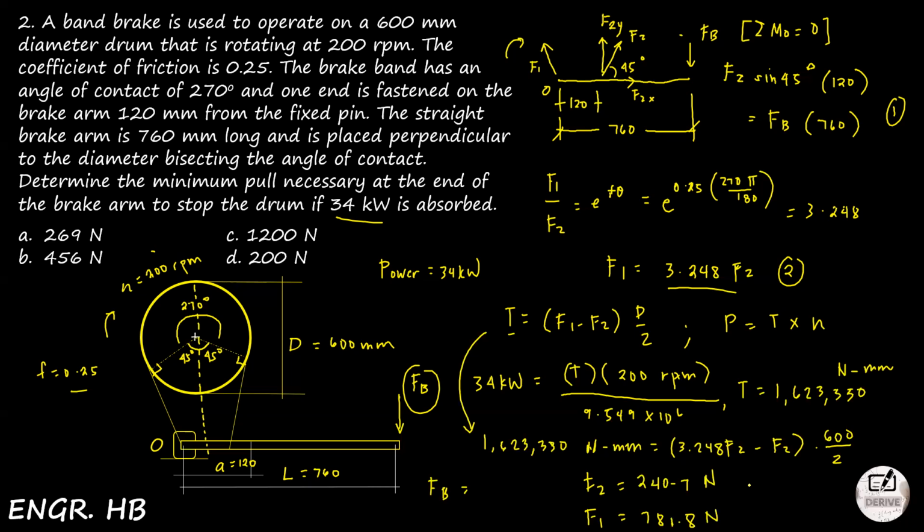And since wala tayong space, pwede na tayong bumalik sa equation 1. Which is, ang sabi ang F2 mo is 240.7 times sine 45 times 120. Divide mo ng 760. Tama ba?